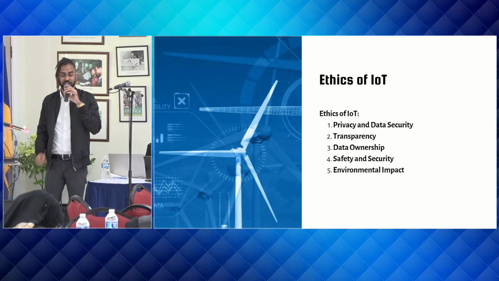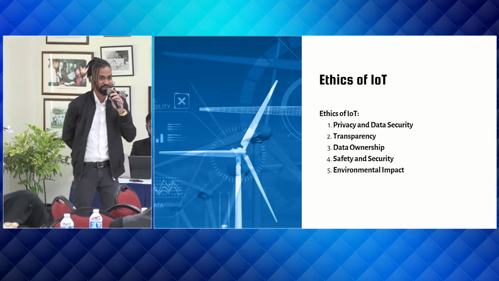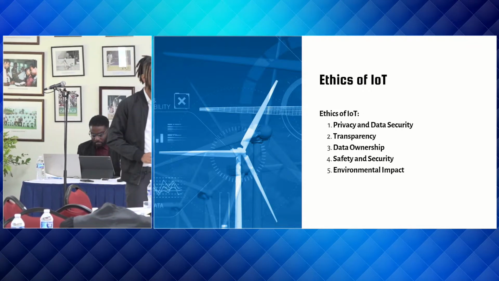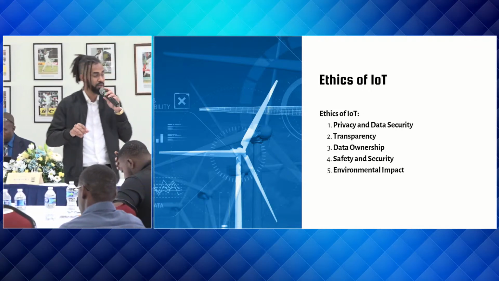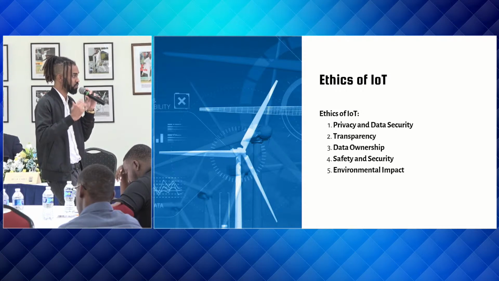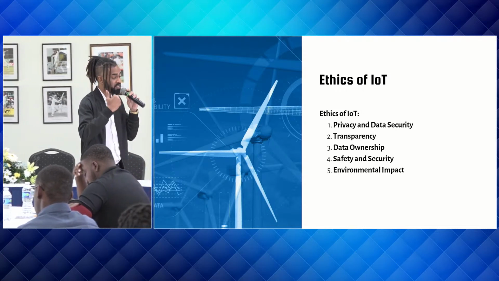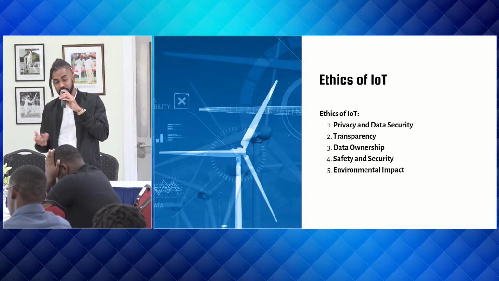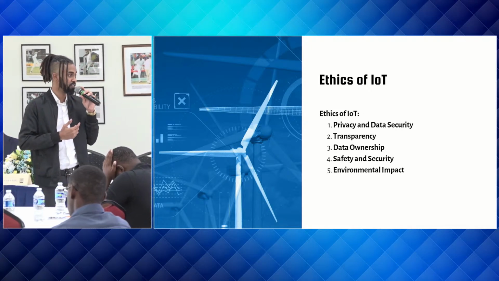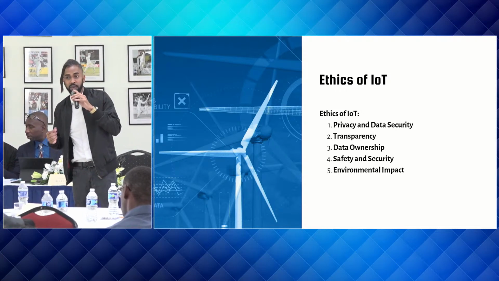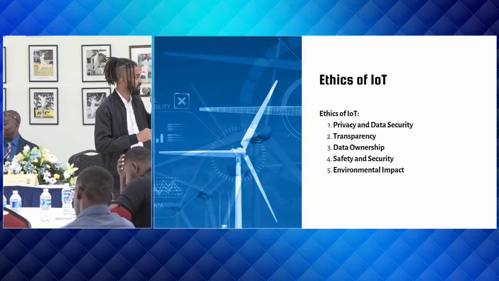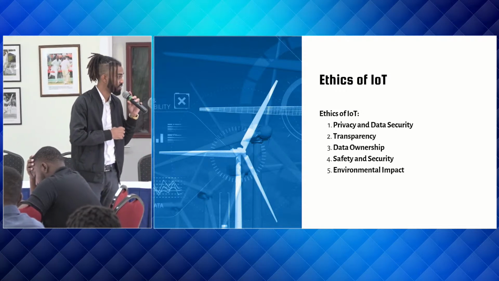What about the ethics of the Internet of Things? Everything connected. That sounds great, but then there's also the implications of all of our data being available to threat actors. So we need to ensure that more persons, especially in information security, are active, are trained, allowing for privacy and data security, allowing for more transparency.